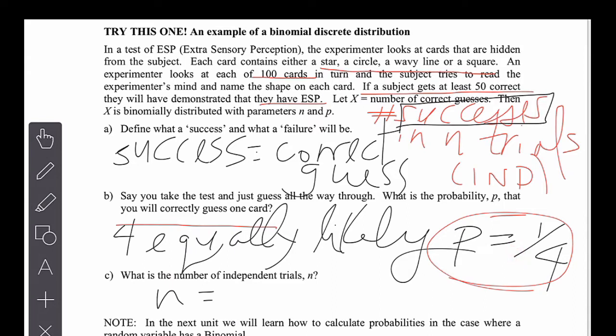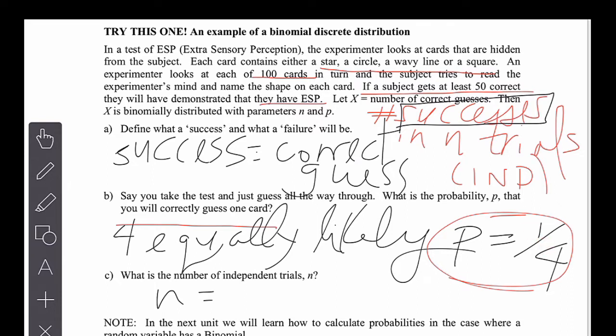and the next time, the second time, the chance of correctly guessing doesn't change. It's still 1/4, and the next time, the chance of him getting a correct card doesn't change. It's still 1/4. Okay, so each time he's guessing, it doesn't matter if it's the first try, the second try, the 100th try, the chance of getting it right is always 1/4.